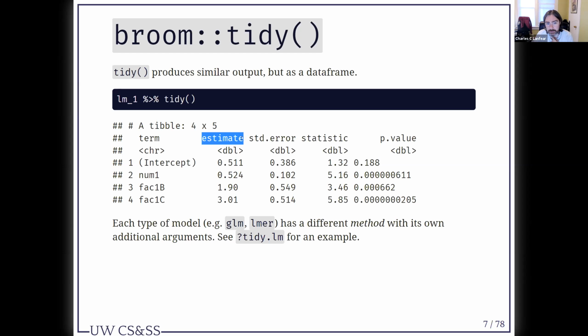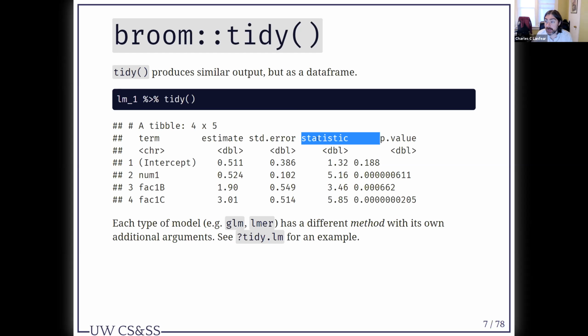It has an estimate. The estimate is like your beta, but this estimate could also be an odds ratio, a log odds, a log count, depending on what type of model you have. It just puts it in an estimate column. It gives you a standard error. And then instead of a t-value or p-value, it just gives you statistic.